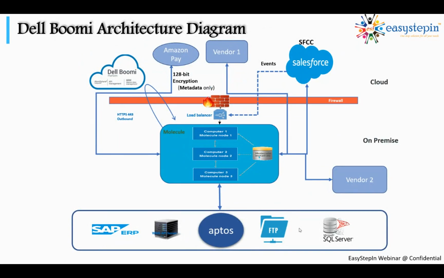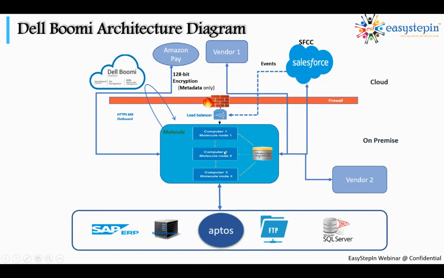Whereas if you see, we have come up with a Dell Boomi architecture for them. As I mentioned, Dell Boomi is a cloud application which can easily integrate on-premise applications and cloud applications. On-premise to on-premise is also easy, and on-premise to cloud, cloud to cloud, cloud to on-premise. All these scenarios can be easily handled in Dell Boomi.